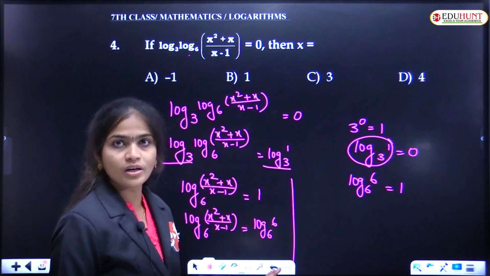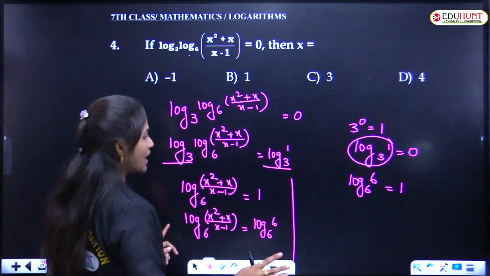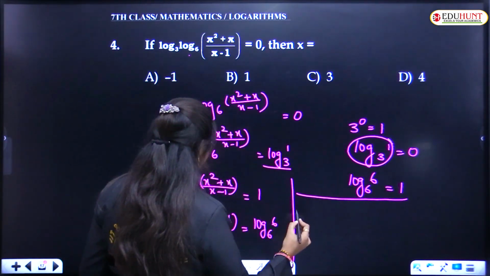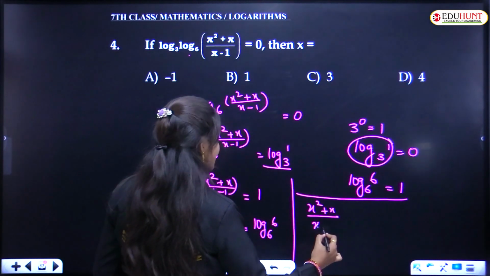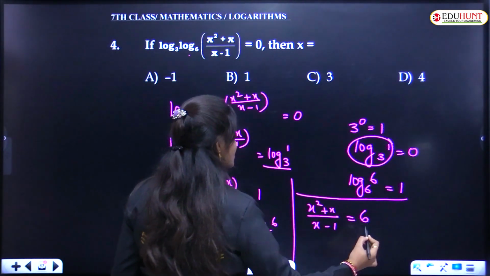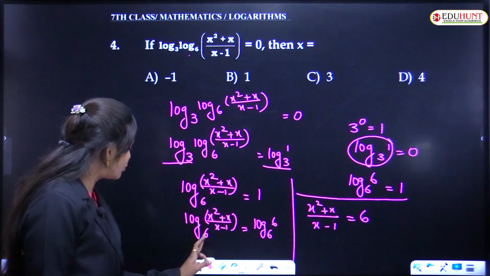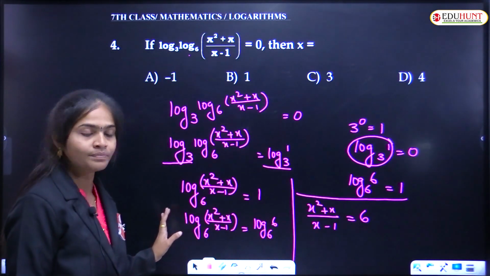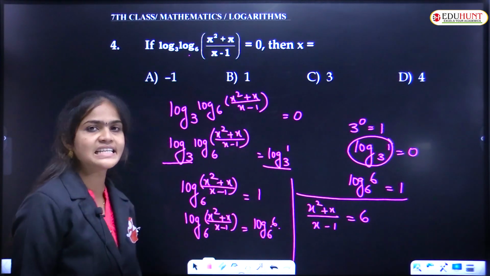Logarithm we should not cancel, we just have to remove the logarithm. So you will get x square plus x by x minus 1 is equal to 6. I am removing log to the base 6 on both sides. So here x square plus x by x minus 1 is equal to 6.